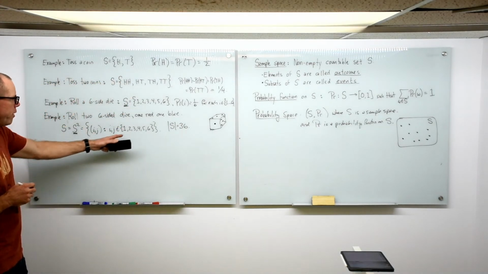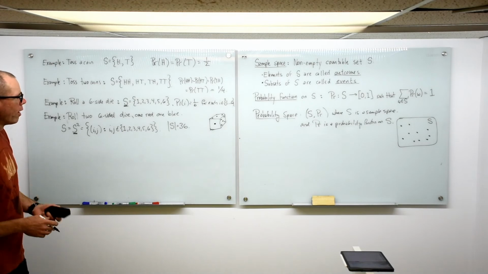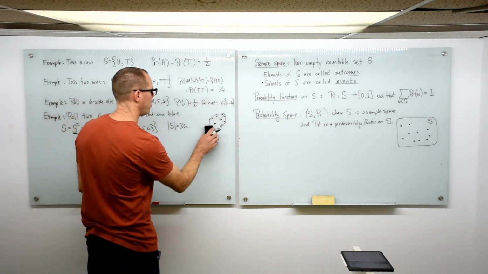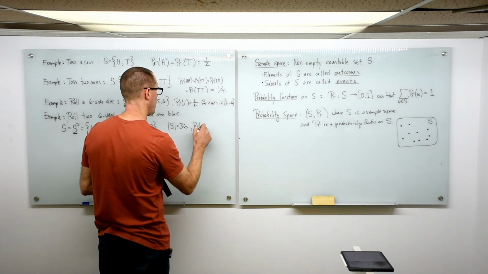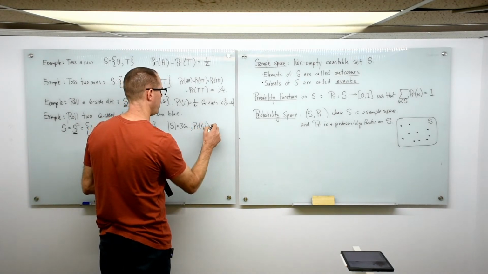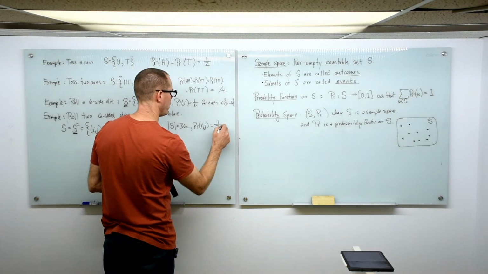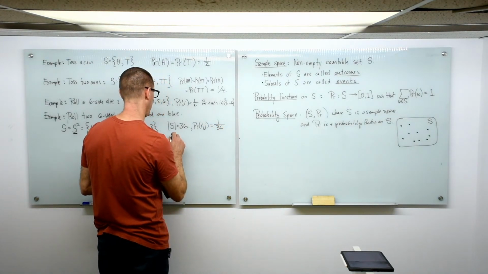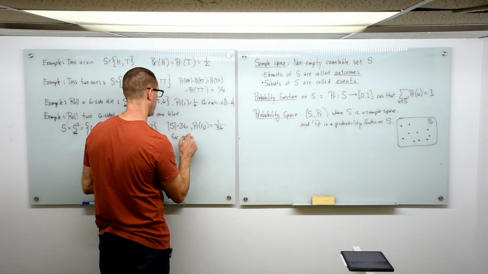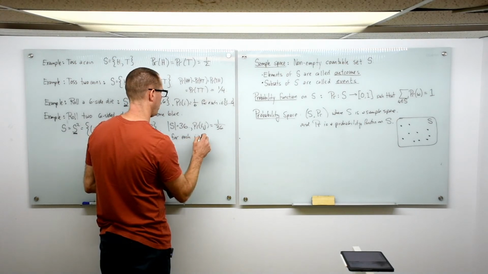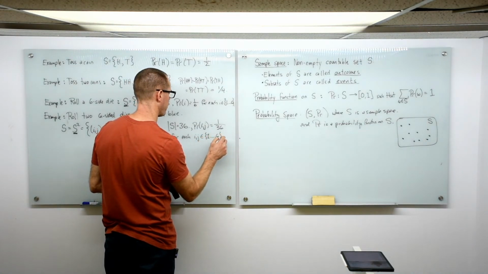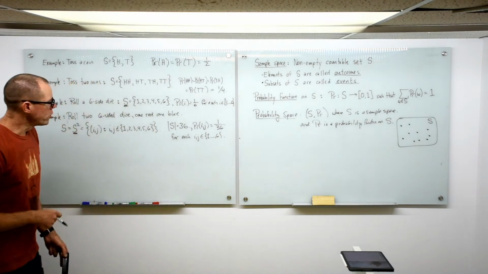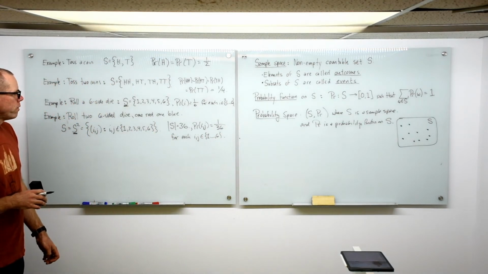And no reason to think any outcome is more likely than any other outcome. So that means that the probability of a particular outcome ij is 1 over 36. And that's for each ij in 1 to 6. Okay. So for each choice of i from 1 to 6 and each choice of j from 1 to 6.